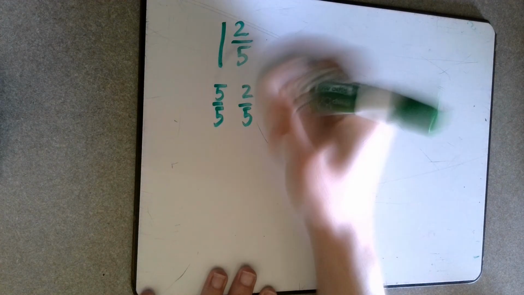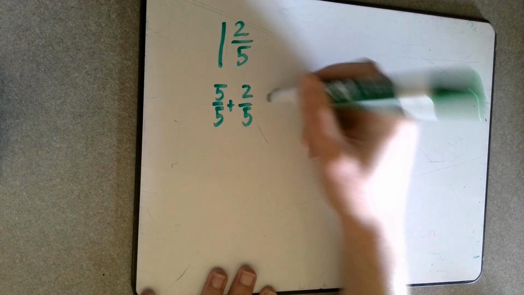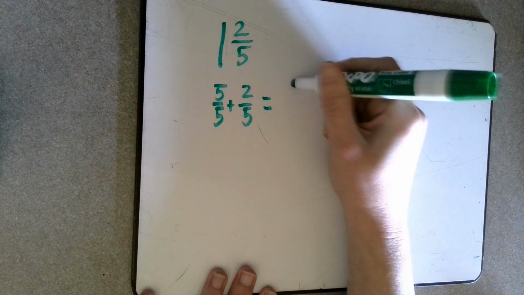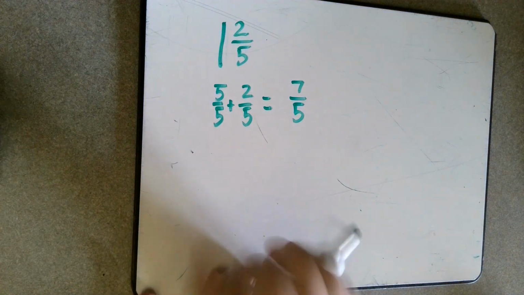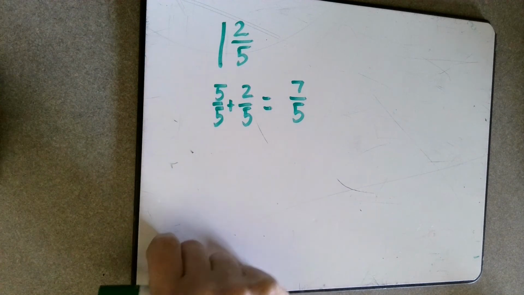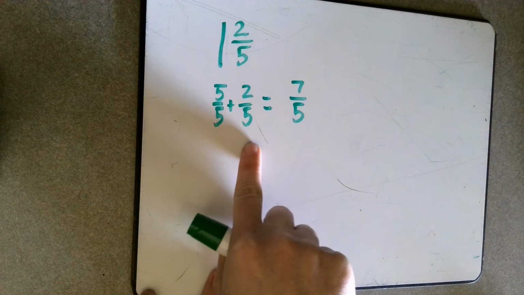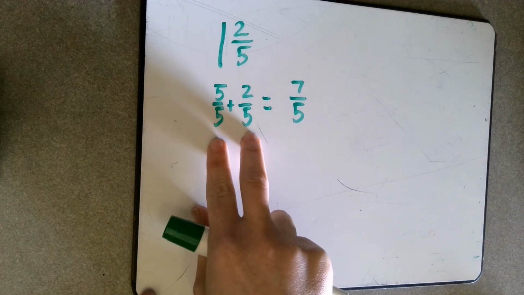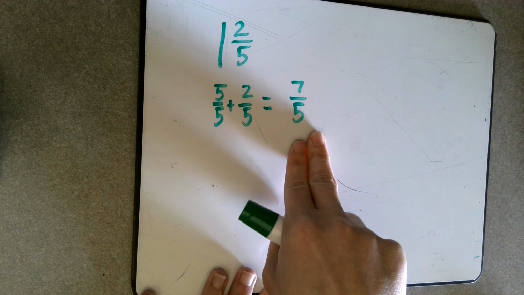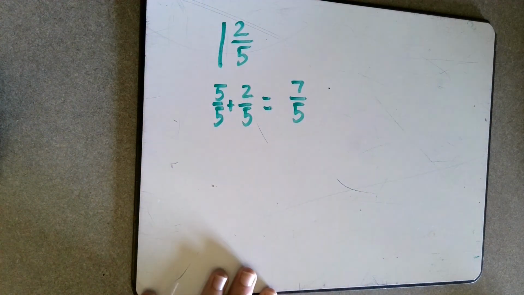So I could rewrite this as 5/5 plus 2 more fifths, for a total of 7/5. So when I see a mixed number, I think about rewriting it. And sometimes I don't have to write this on paper. I can do this thinking work in my head to convert it into an improper fraction, or a fraction that we know is greater than 1.